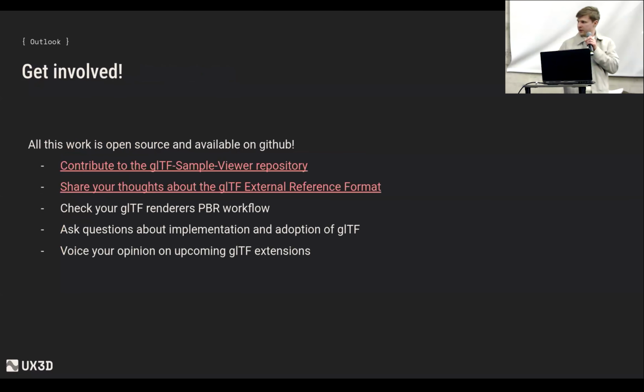And all of this is open source. So feel free to contribute and look at the code. The same goes for the external reference format. If you have some ideas there, just open a pull request, for example, or create an issue.